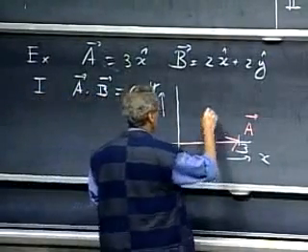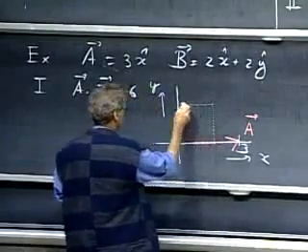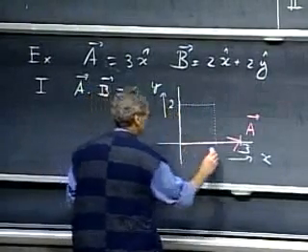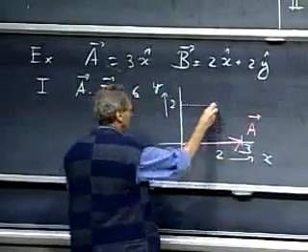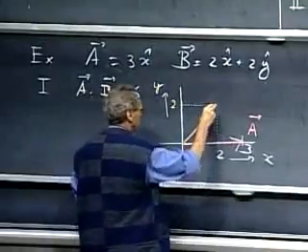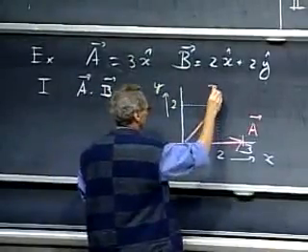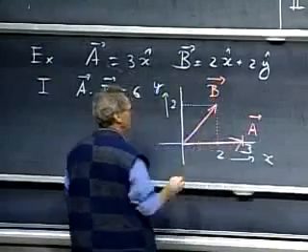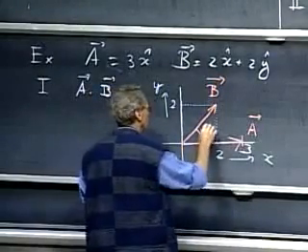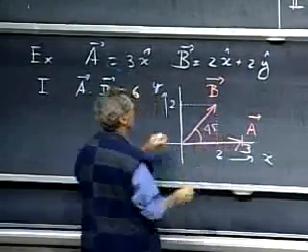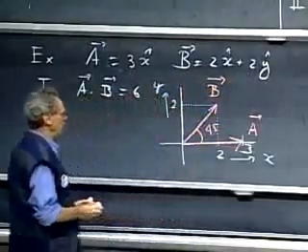B, this would be 2, and this would be 2, and so this would be the vector B. And it's immediately clear now that this angle is 45 degrees. That follows from the 2 and the 2.